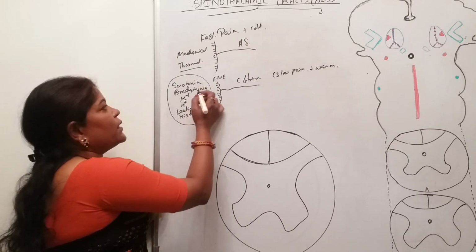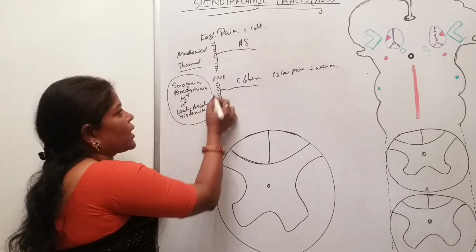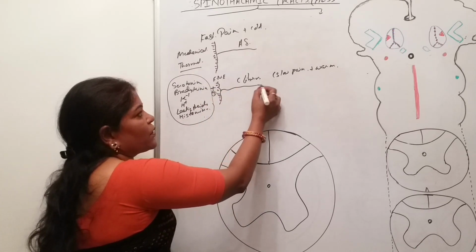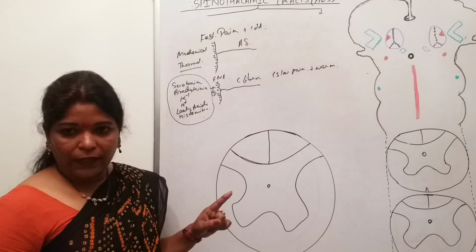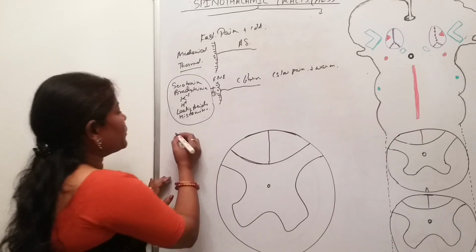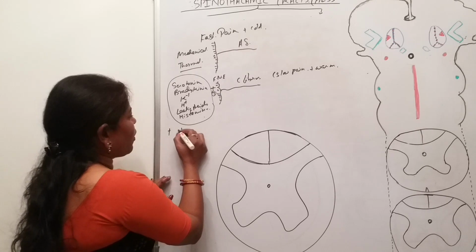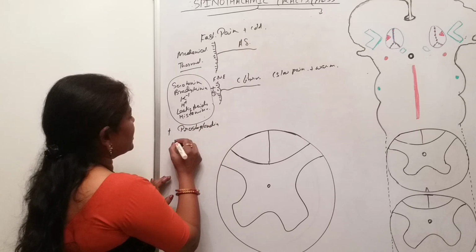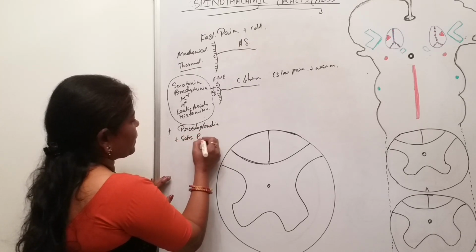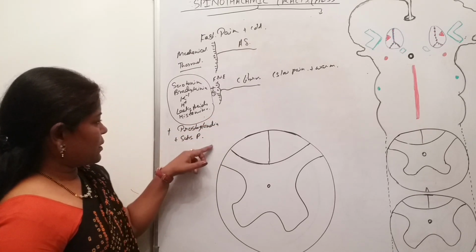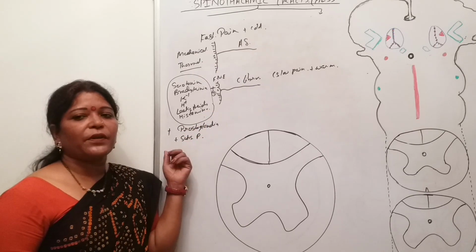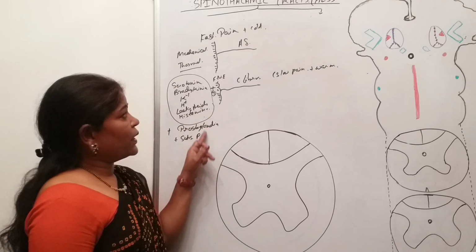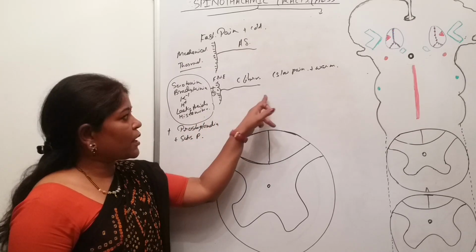What do these chemical substances do? They excite the free nerve endings and there will be transmission of the slow pain through them. Plus, two additional substances are also there, that is prostaglandin and substance P. Substance P is also a neurotransmitter.